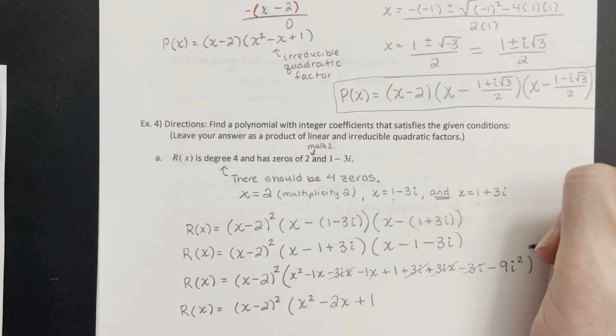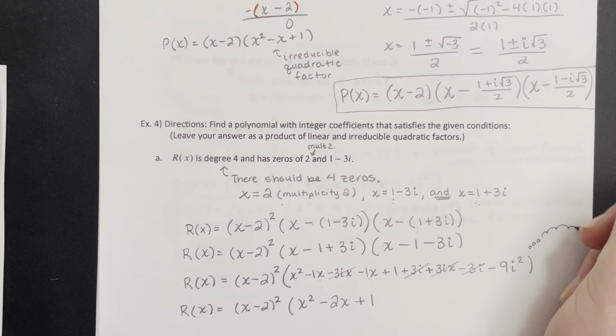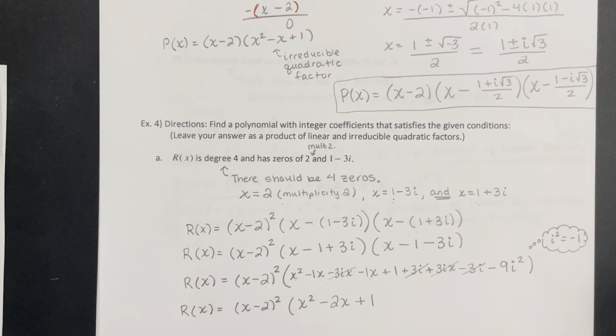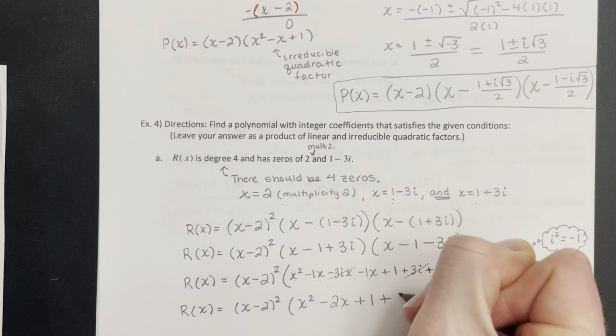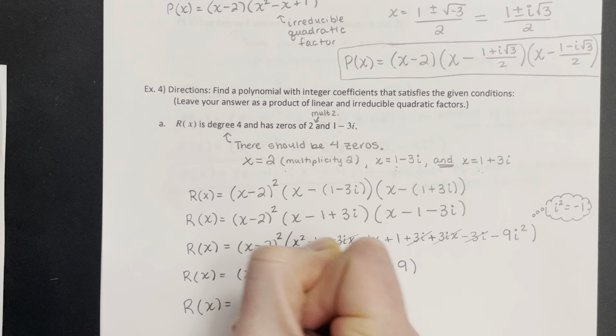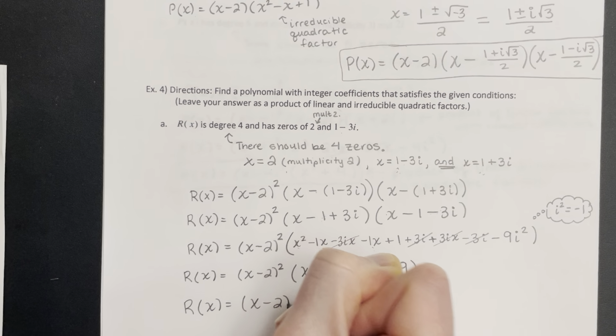Remember that i squared is equal to negative 1. So that's truly saying negative 9 times negative 1, which would be positive 9. So instead I can put plus 9 there. And if I combine like terms one last time, we have our irreducible quadratic factor.